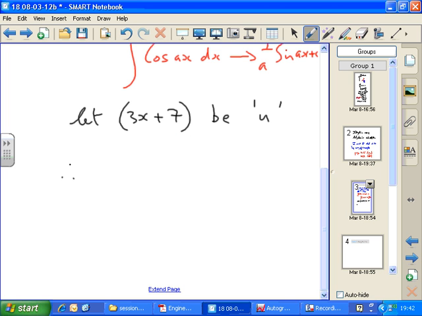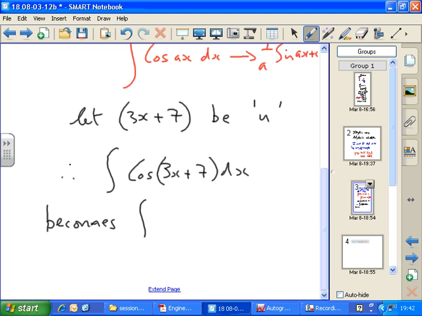So therefore, the integral of the cosine of 3x plus 7 with respect to x becomes the integral of cos u with respect to x.